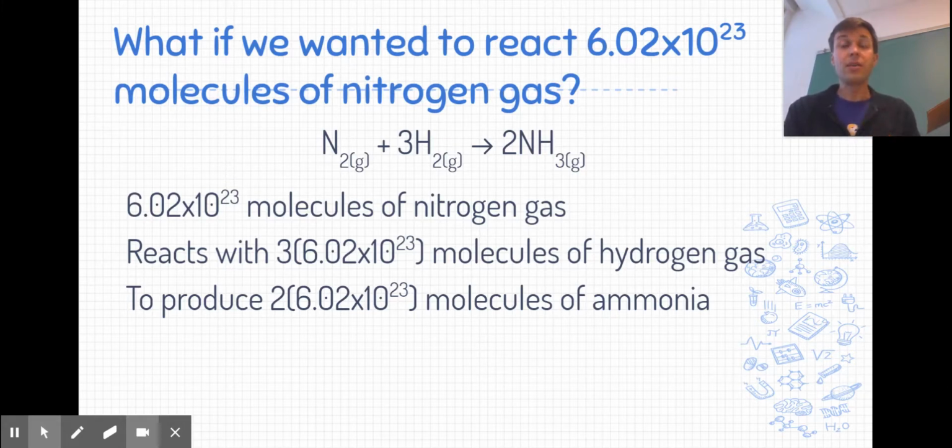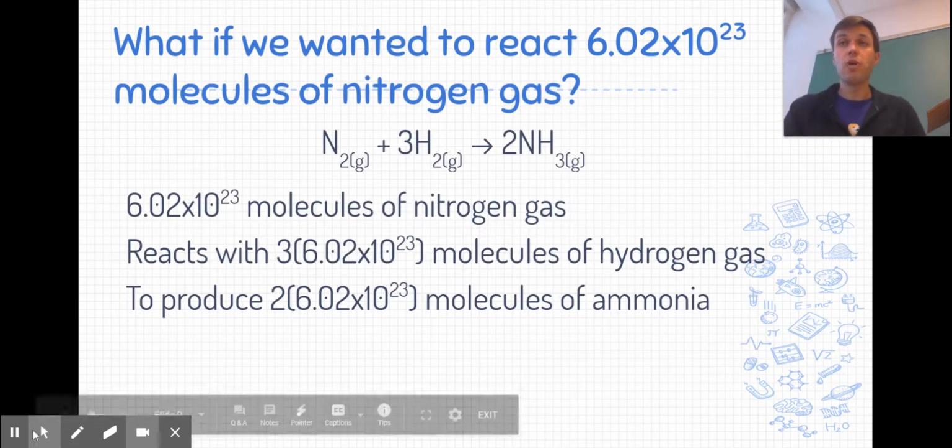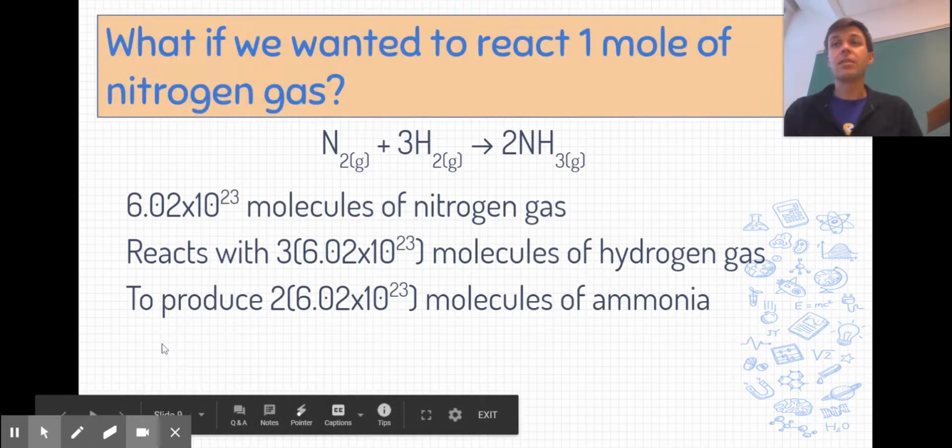So let's just repeat the question and replace that huge number of molecules with a quantity of moles. Another way of asking the same question is, what if we wanted to react 1 mole of nitrogen gas?